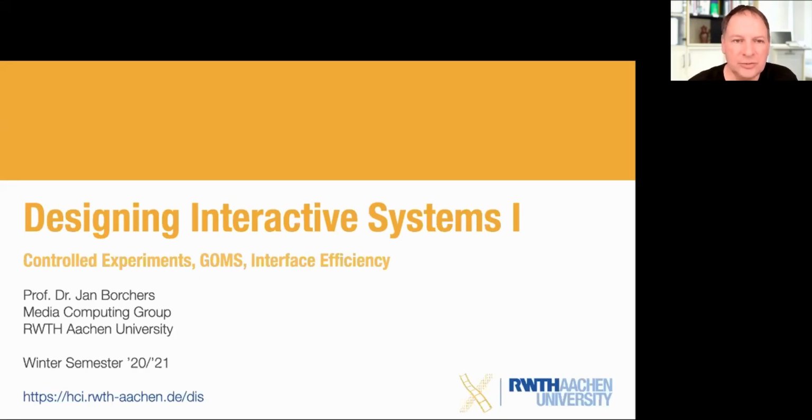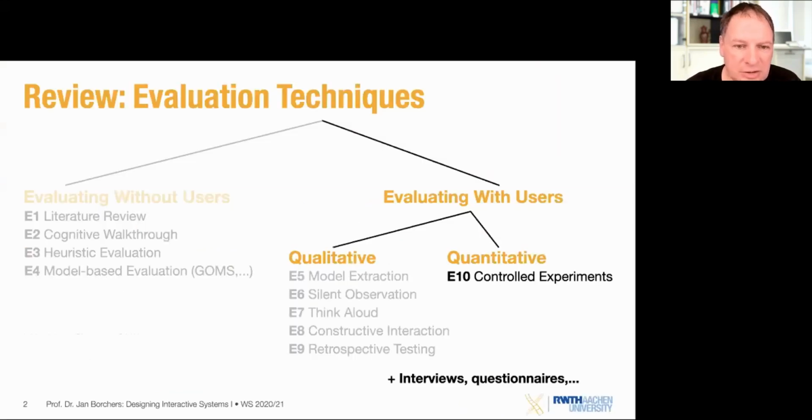As a quick review, you may remember that we talked about lots of evaluation techniques last week. We talked about literature review, cognitive walkthrough, heuristic evaluation, and model-based evaluation on the side where you don't need users to be involved.